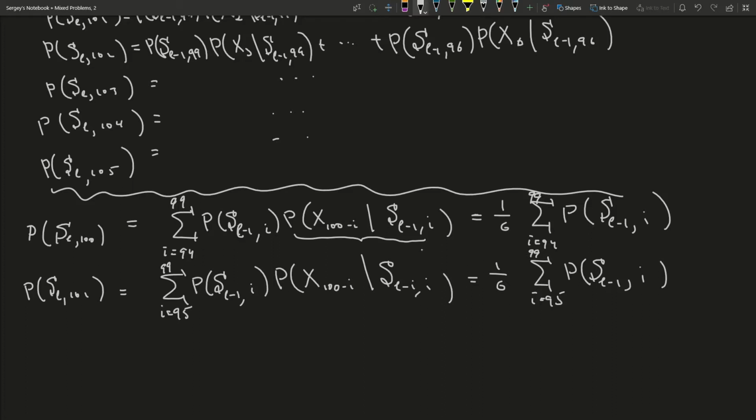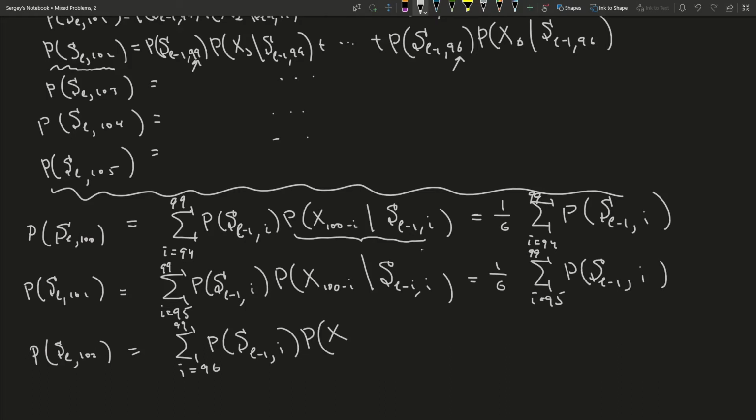What about for the third probability here? What about the probability that the running total in the end is 102? So we see that the running total index should start from 96 and is going to go up to 99. So the probability that the running total in the end is 102 equals the sum, with our index starting from 96 and going to 99, of the probability that the running total up to this point was i times the probability that the die lands on 100 minus i, given that the running total up to this point was i.